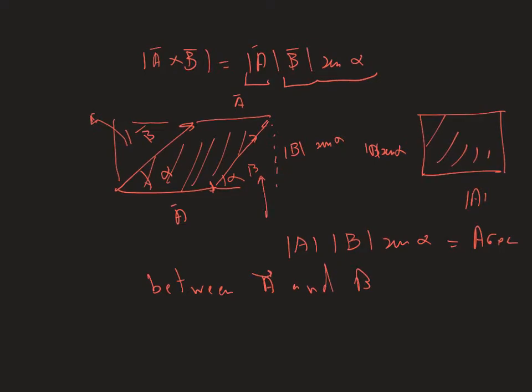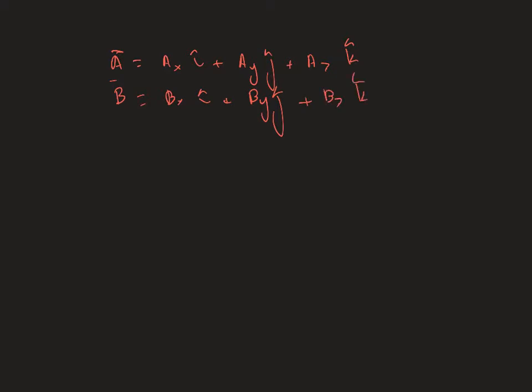Let me do something else and we finish. Look at this. If A is the vector Ax i plus Ay j plus Az k, and B is Bx i plus By j plus Bz k, what is A cross B?